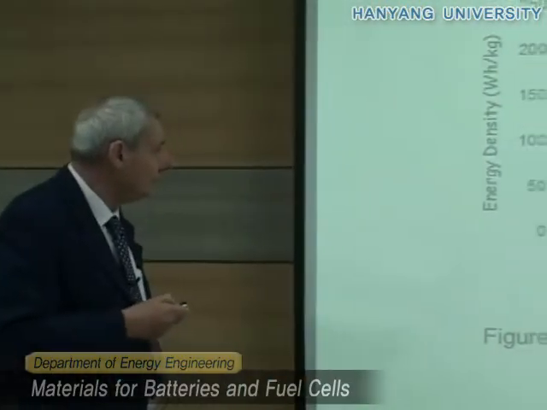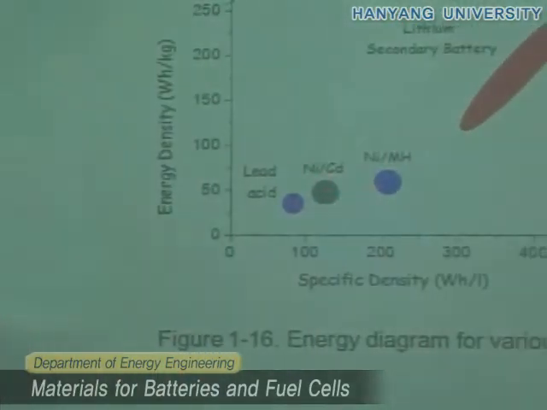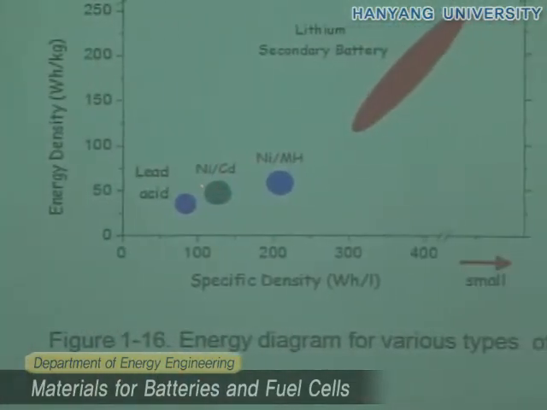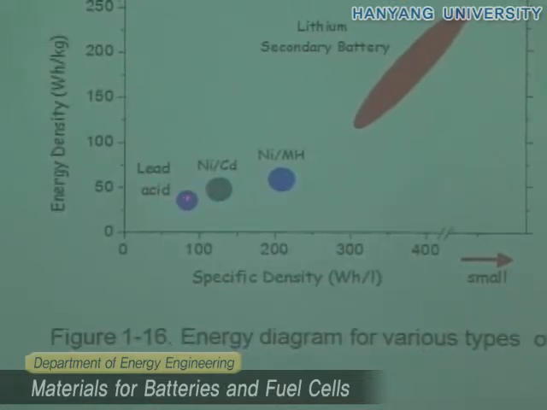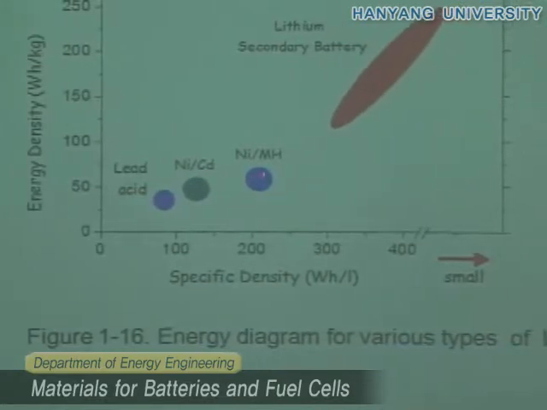And you see that conventional batteries lie just in the opposite corner. In fact, lead acid and nickel cadmium are very heavy and very bulky. Nickel metal hydride is a bit better, but not that much better. While lithium batteries expand along all this area.